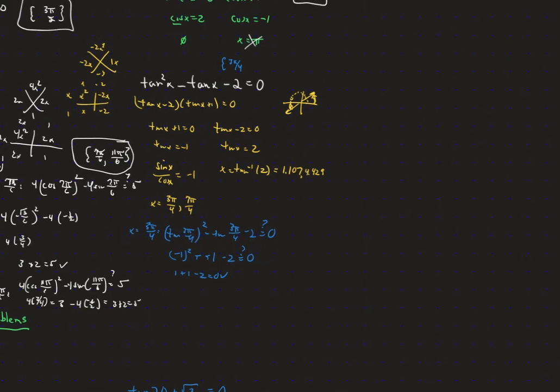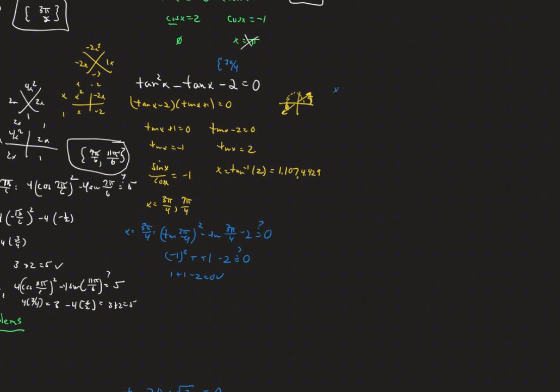So now we're going to test our 7 pi over 4. So we're going to again take the tangent of 7 pi over 4. We're going to square that, minus the tangent of 7 pi over 4, minus 2. Will that really be 0?